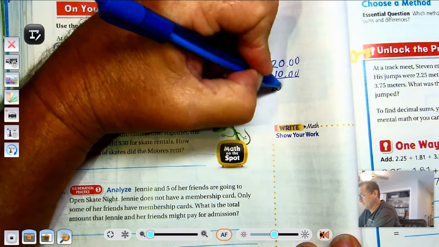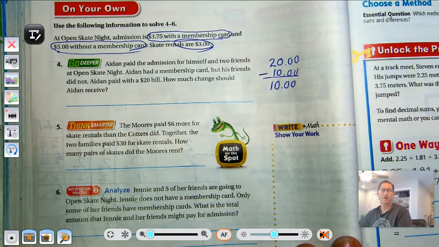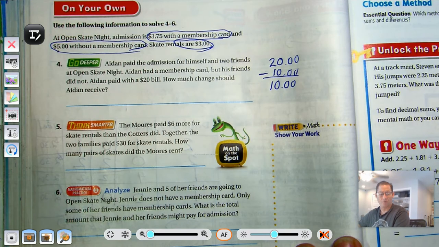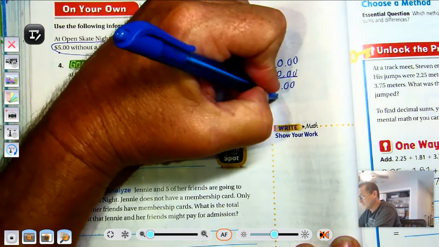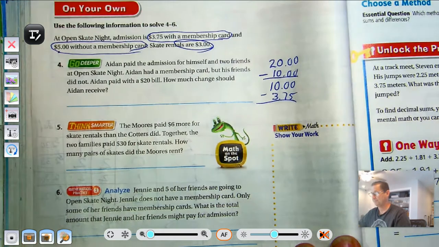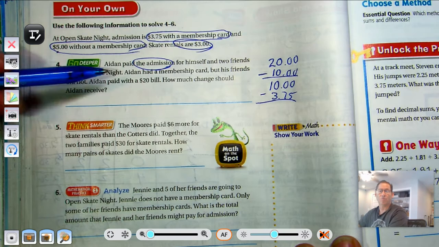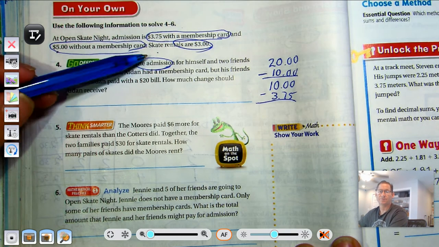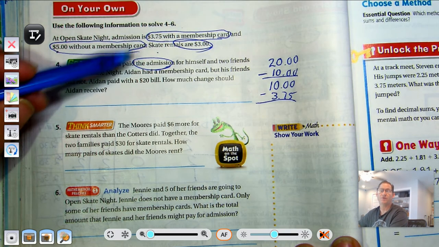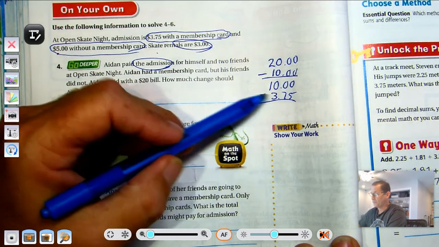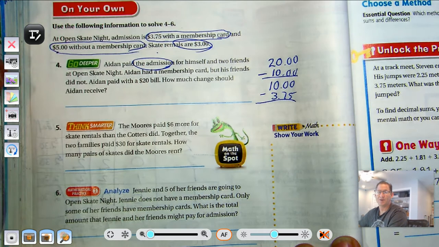So he now has $10 left. But he also paid for himself, so $3.75, because it says he's paid the admission. So I'm ignoring the skate rentals. I just want to know how much he paid for the admission. So $3.75 taken from $10.